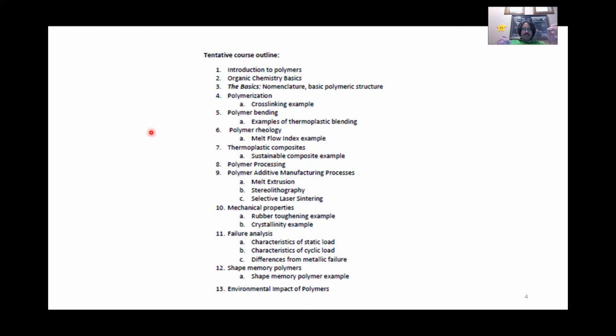Then failure analysis, and shape memory polymers, which is one of my passions. And I may want to put this final topic a little earlier, and I'll try to find a better place for it to fit. This final topic here is the environmental impact of polymers. It's becoming more and more prevalent in the public eye, the mal-effect polymers have had on our environment.